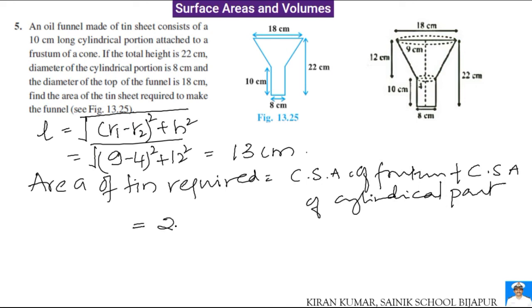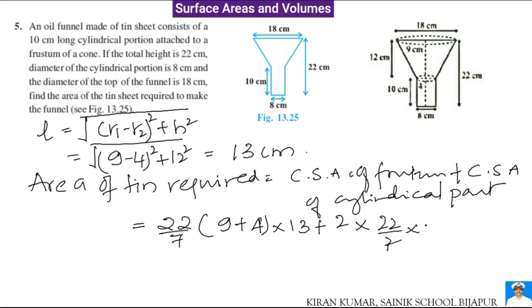It is given by pi, 22 by 7, R1 plus R2, is 9 plus 4, into 13, 13 is a slant height, plus 2 times pi, 22 by 7, into RH. R is 4, H is 10. Let us find that out.